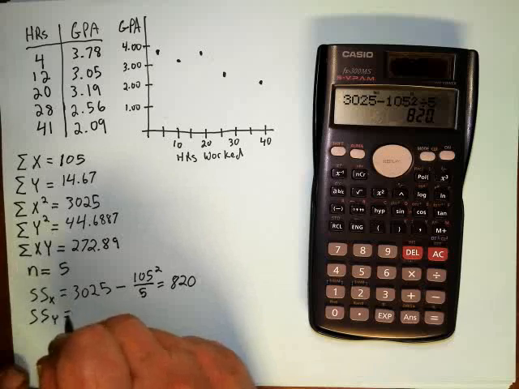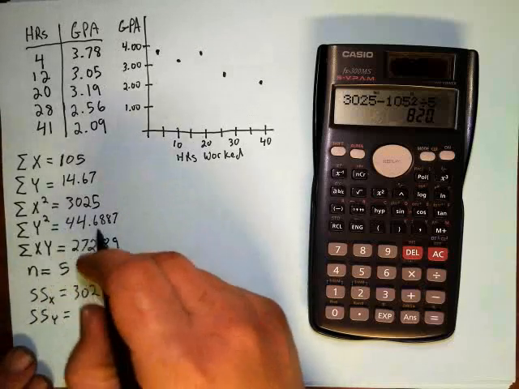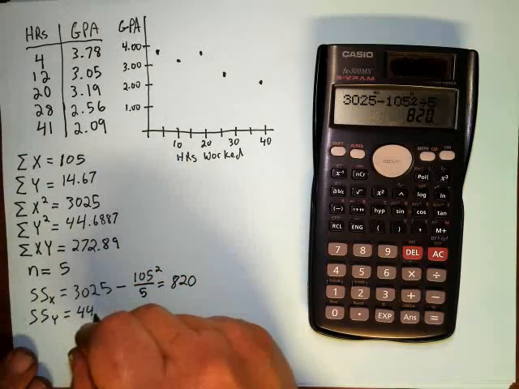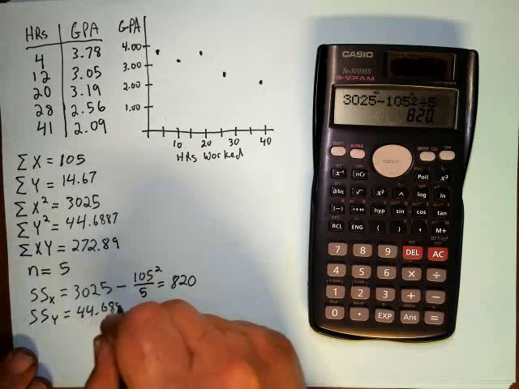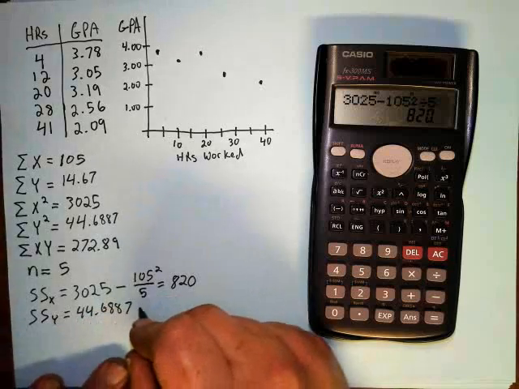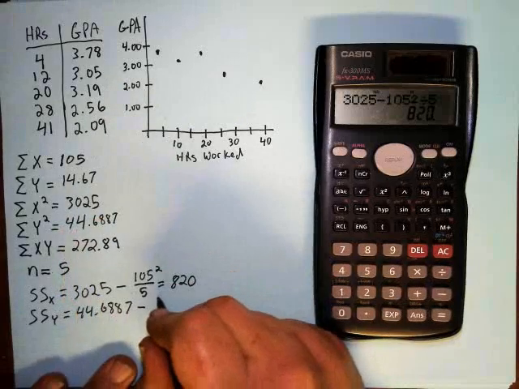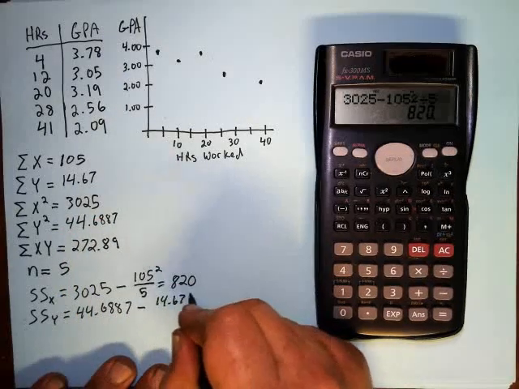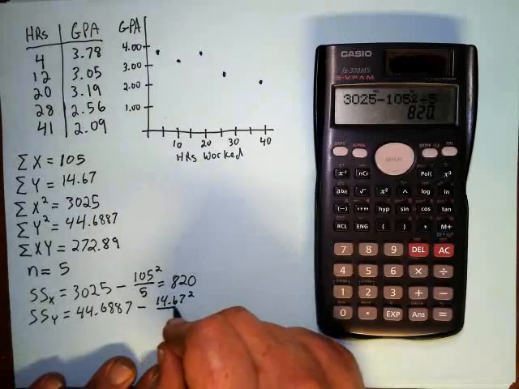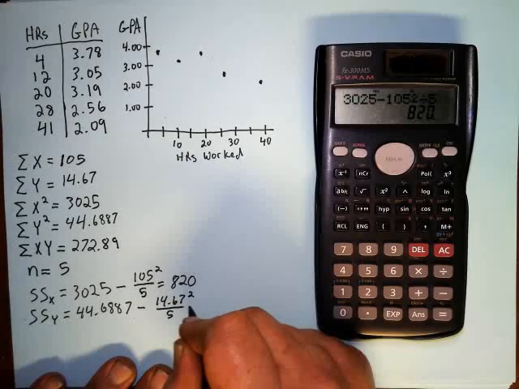Now SSy. This is going to be the sum of y squared, so 44.6887, minus the sum of y, 14.67, that quantity squared, divided by 5.